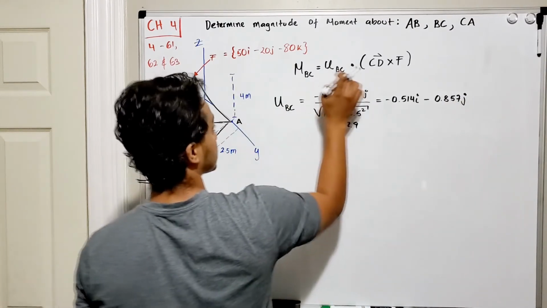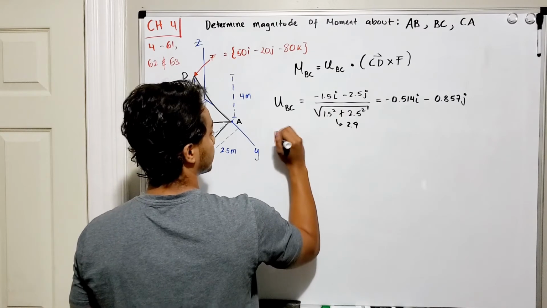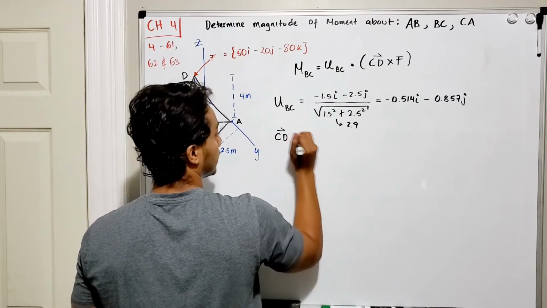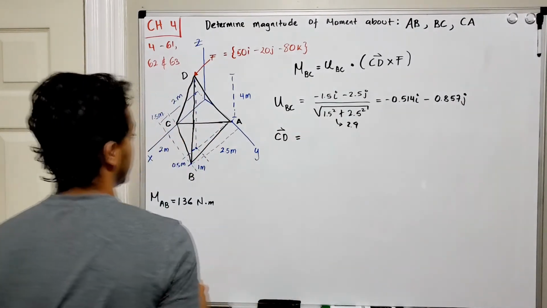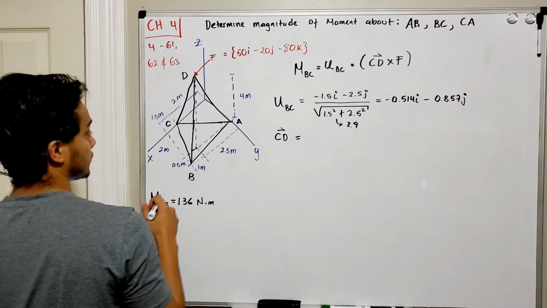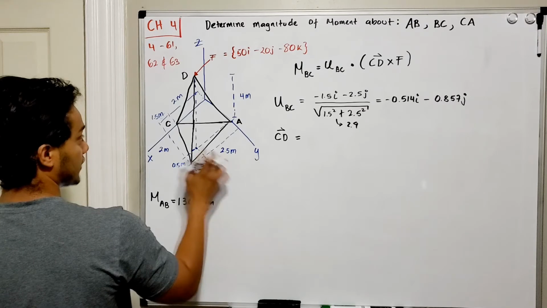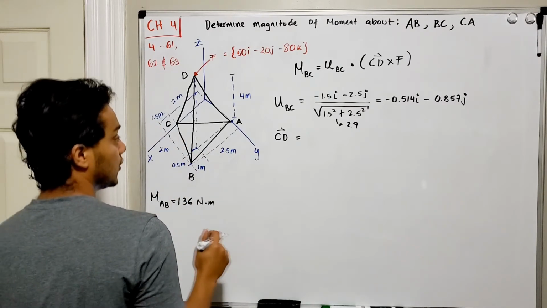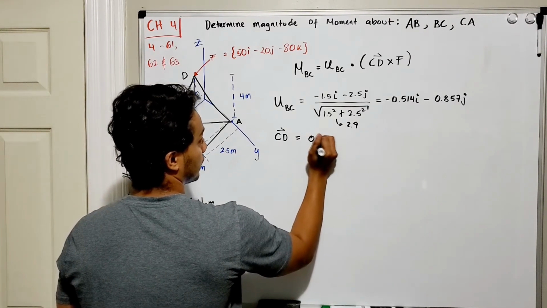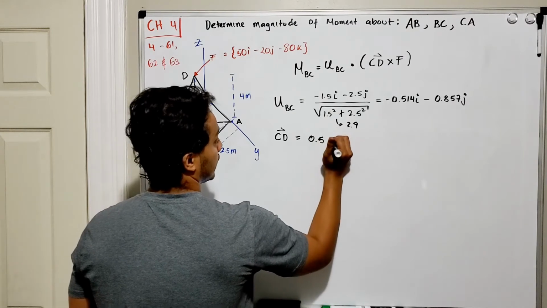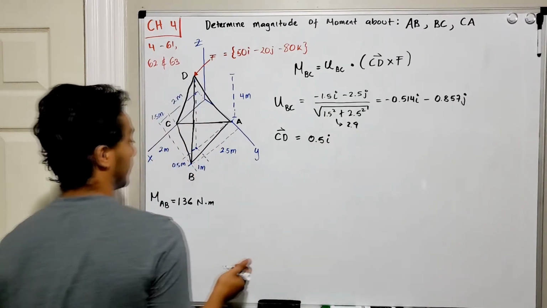Now last we need to do is find CD in order to find our moment. And for CD we will do D minus C. So in the X direction, D has a total of 2.5 and C has a total of 2. So we'll have 0.5 in the I direction positive.